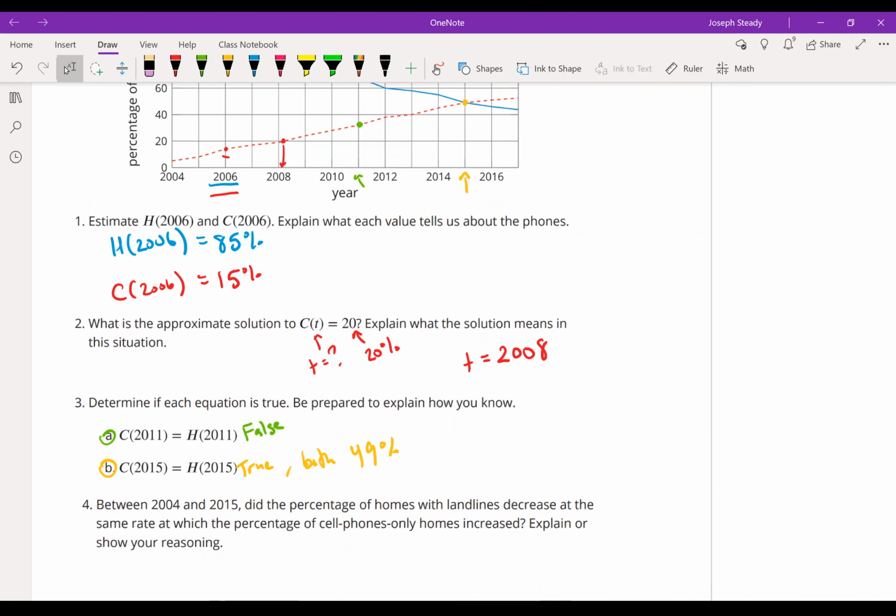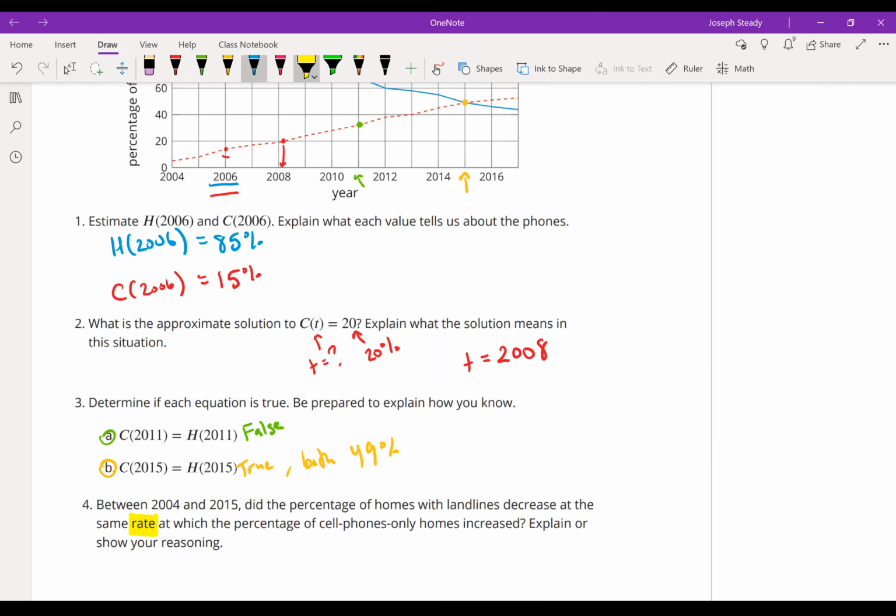The last problem asks us to now look at rate of change. Specifically, it wants us to say, hey, between 2004 and 2015, did the percentage of homes with landlines decrease at the same rate at which the percentage of cell phone only homes increased? So let's go look at our numbers here.